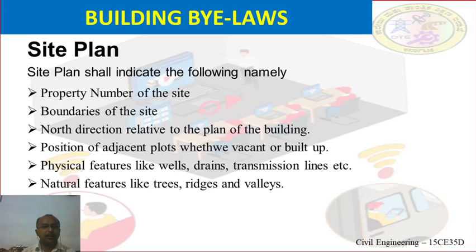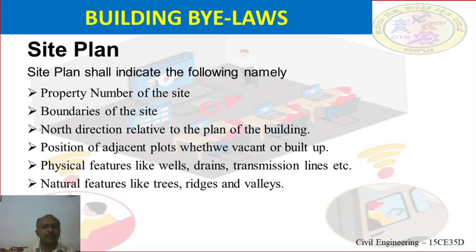And you have to show the boundaries of our site. The site plan will also include the north direction related to the plan of the building. So north direction must be shown in the site plan.